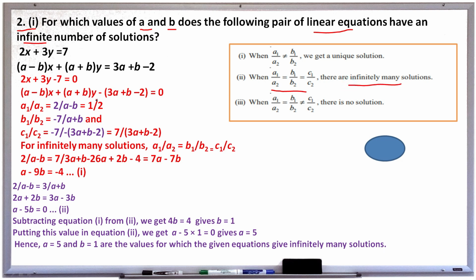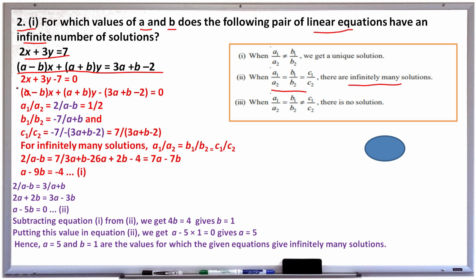Here the question itself says it is infinitely many solutions. Now consider the equation 2x plus 3y is equal to 7, and another linear equation a minus b x plus a plus b y is equal to 3a plus b minus 2.